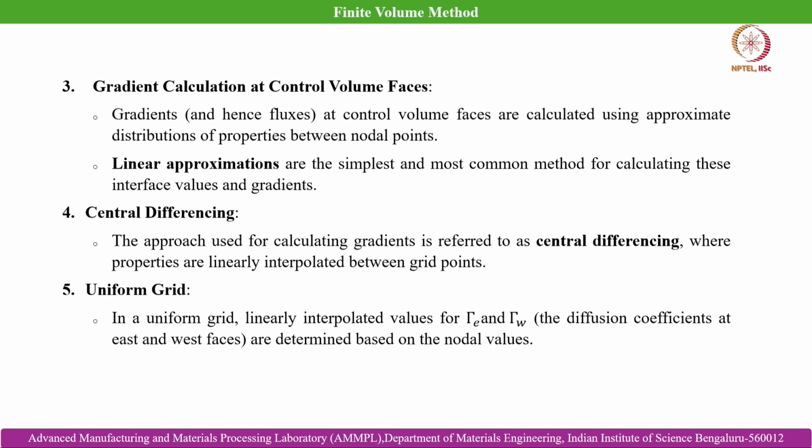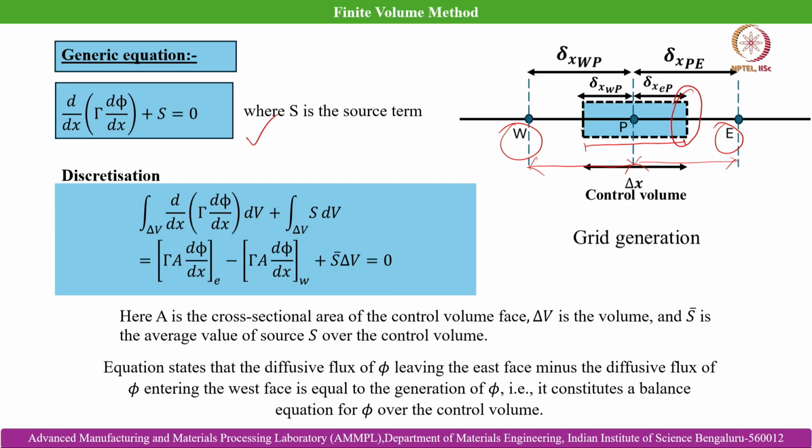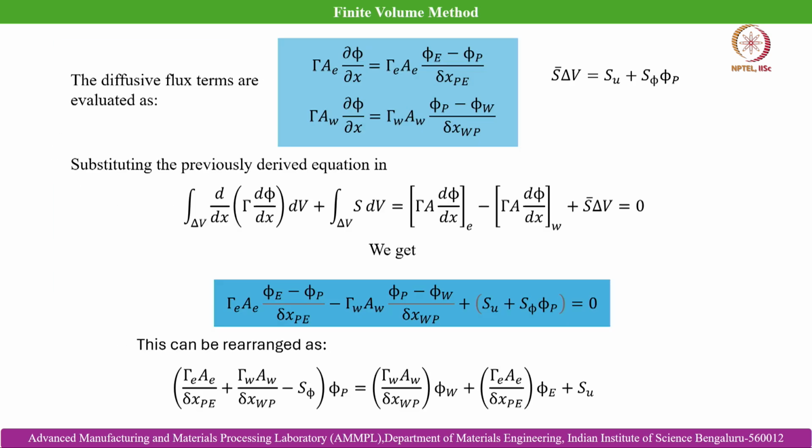So, the linearly interpolated values for tau E and tau W, the diffusion coefficients at the east and west faces of the control volume, are determined based on the nodal values, where the nearest nodes are designated E and P for the east face and W and P for the west face. This is how we evaluate the values by interpolation, which is shown over here.